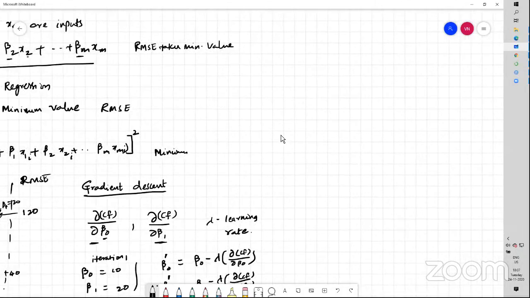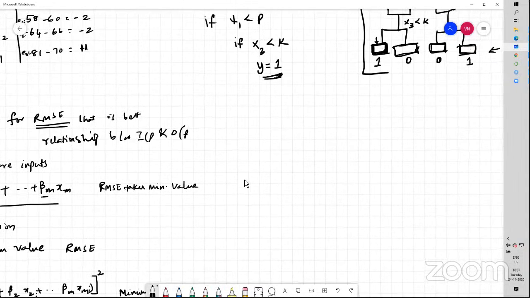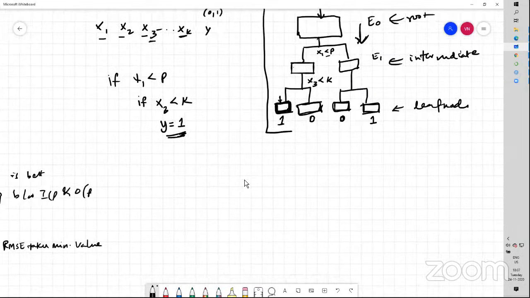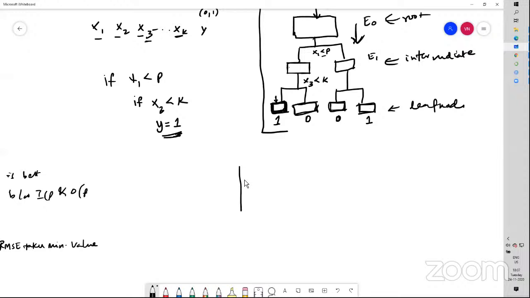Like I said yesterday, when we have our input data like this, where you have x1, x2, so on up to xm and y, this is our target variable, and we divide this into two portions, 80% of them into training and 20% of them into testing, right?